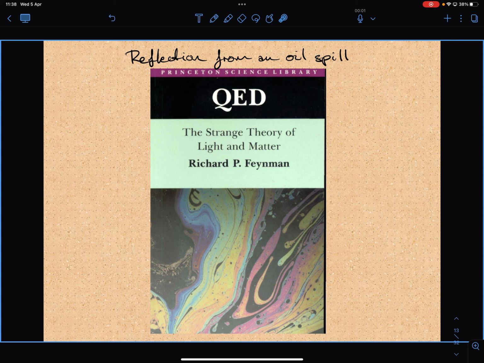Now, going back to the cover of the book, this is actually the phenomenon that happens in the reflection from an oil spill. Most of you have probably seen this before, and this is the image on the front of the book. In the reflection from an oil spill, you have reflections from the top layer and the bottom layer.